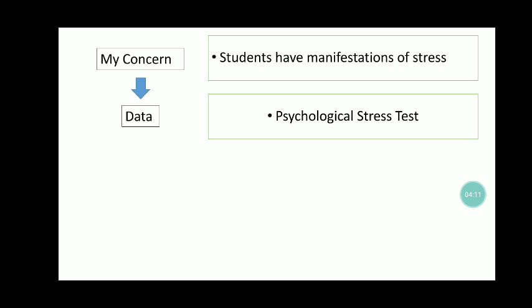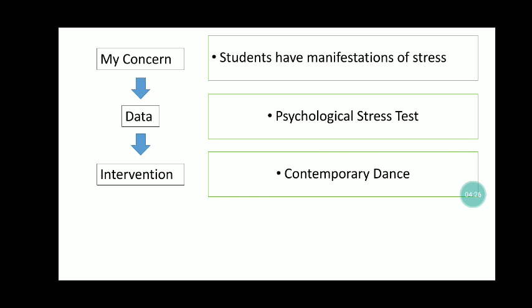The result of the test will be my primary data that will justify my claim that my students are experiencing stress. For me to deeply understand the nature of my problem, I need to read some literature about stress. If possible, consider some of the interventions that were made to solve the problem.